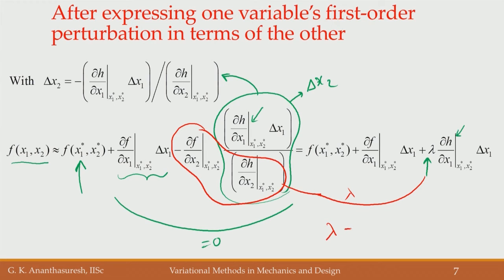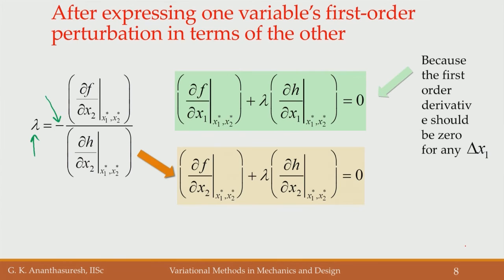So, let me write it. So, here you see minus dou f by dou x 2 divided by dou h by dou x 2, both of which are evaluated at x 1 star x 2 star. So, this whole thing is evaluated at x 1 star x 2 star. Okay. So, that is what we have lambda.